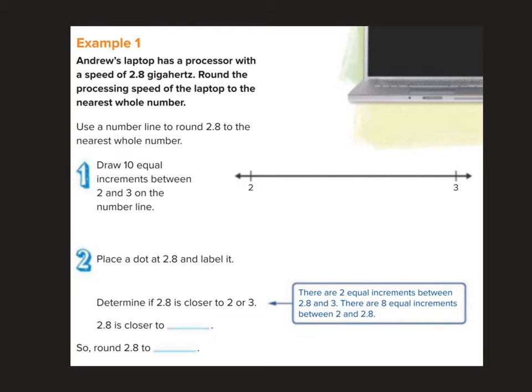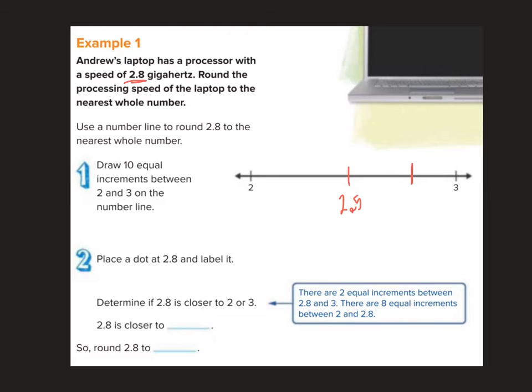Andrew's laptop has a processor with a speed of 2 and 8/10 gigahertz. Round the processing speed of the laptop to the nearest whole number. Now the number 2 and 8/10 is going to be about right here, because 2 and 5/10 is going to be right in half.